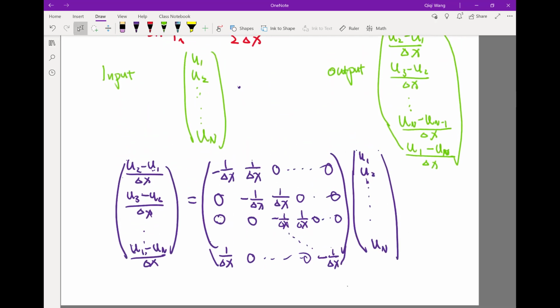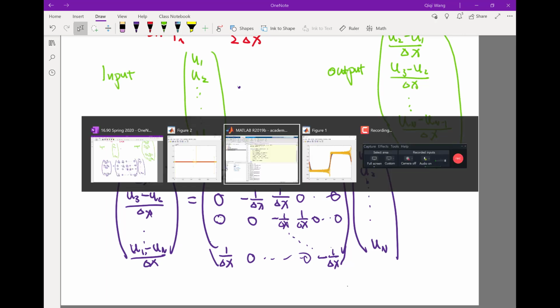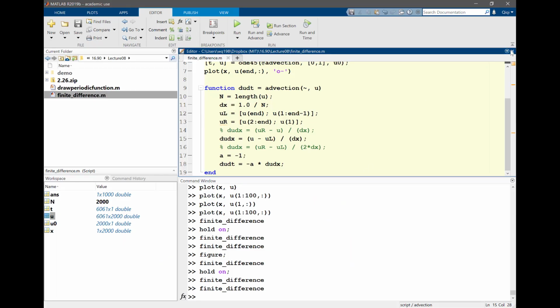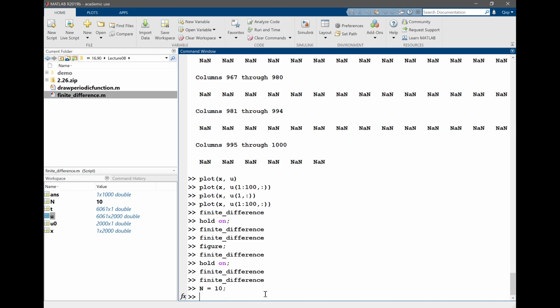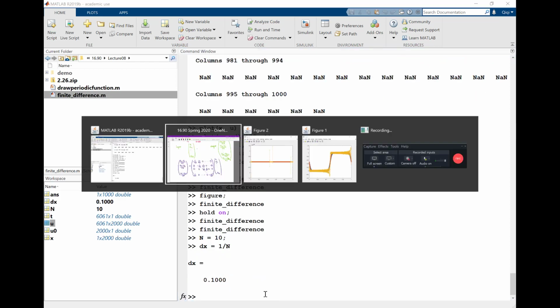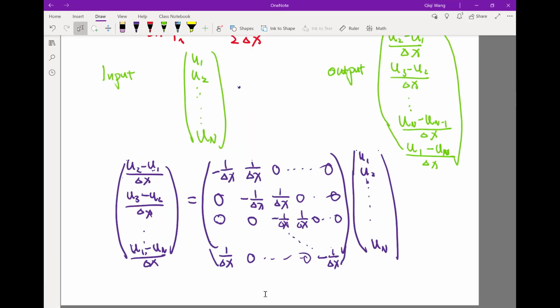First of all, let's take a brief look at what eigenvalues this matrix has. I'm going to make a matrix, and I will just say an arbitrary n. Let's just start small, actually n equal to 10. My delta x is equal to 1 over n, and my matrix. Let me tell you a little bit of tricks to constructing such matrices.